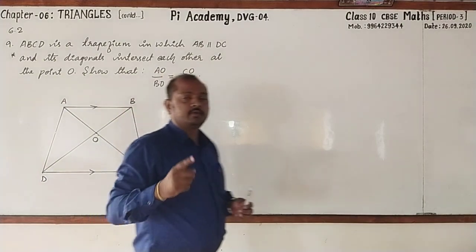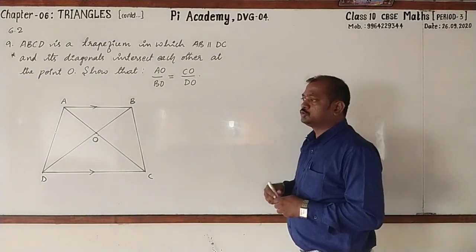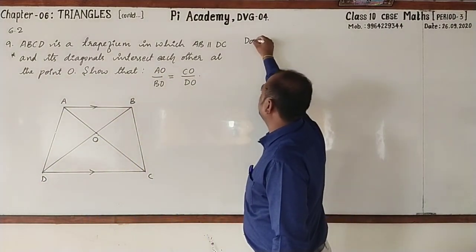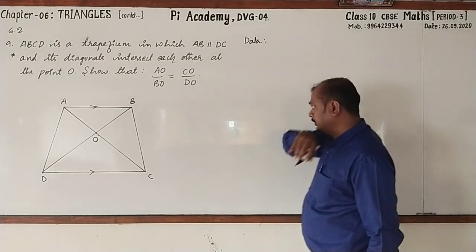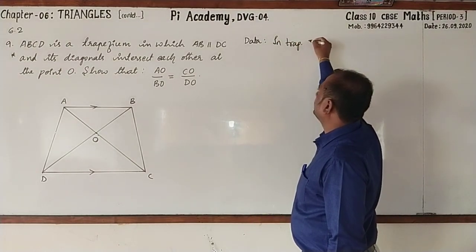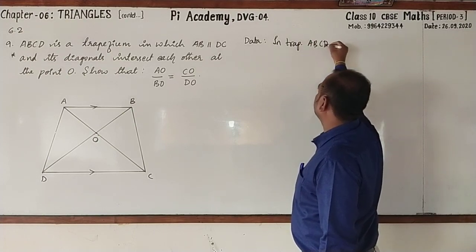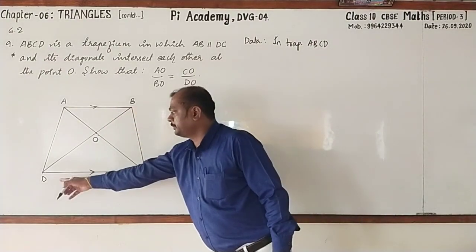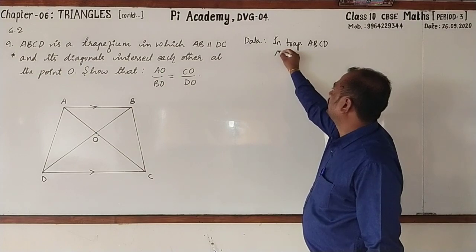Before that, write data and to prove. Start writing with me. Data: in trapezium ABCD, AB parallel to DC.